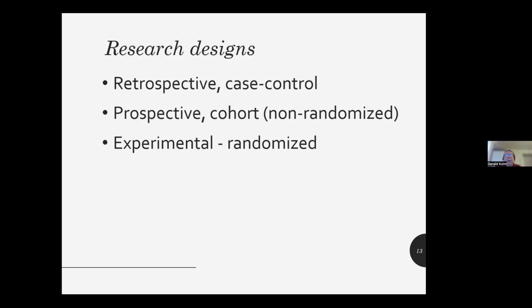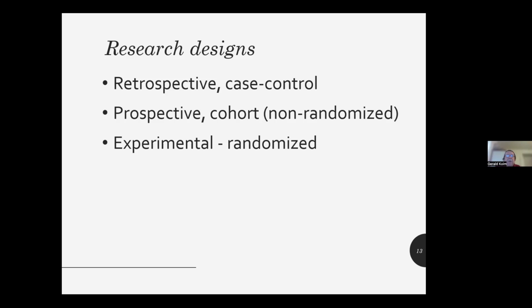In retrospective studies, you're taking a sample of, say, patients that have already been in the hospital and have been given some treatment, or they've looked at some particular outcome.